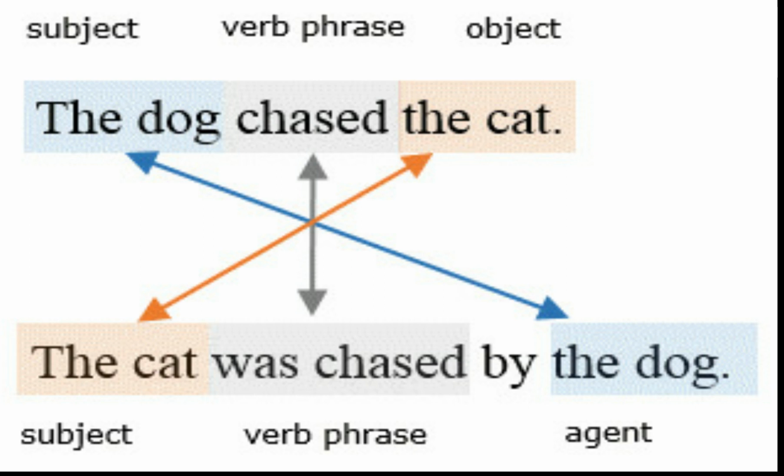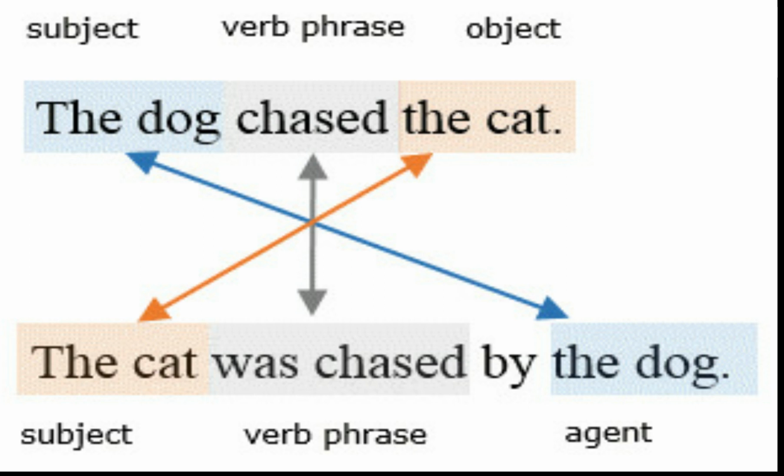But notice also the difference in the verb phrase. In the first sentence, the verb chased is in the past simple. But in the second sentence, was chased is the past passive. So here you know that the past passive is composed of two words. The first word is the verb to be, which should be was or were.